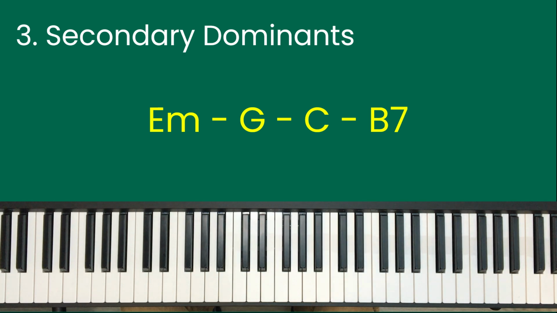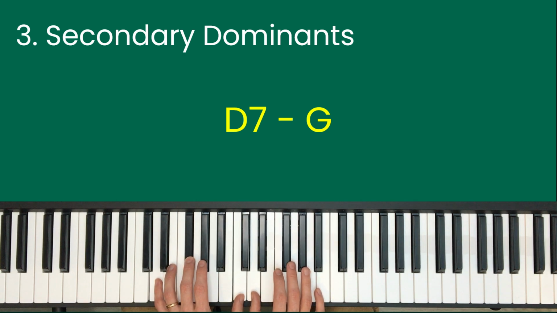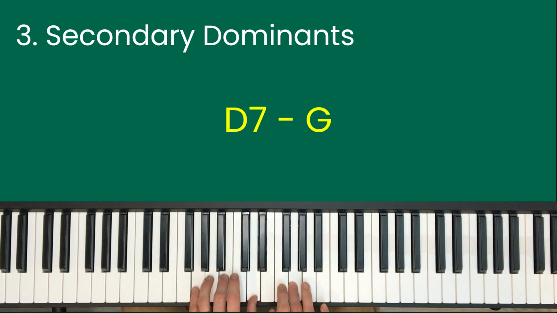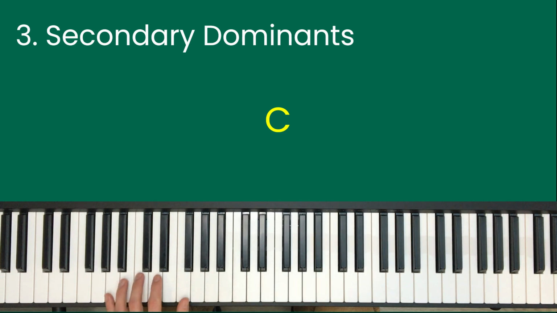What do I mean by that? Let's take G for example. The 5 chord of G is D or D7. Our C major chord, the 5 chord of C is G7.